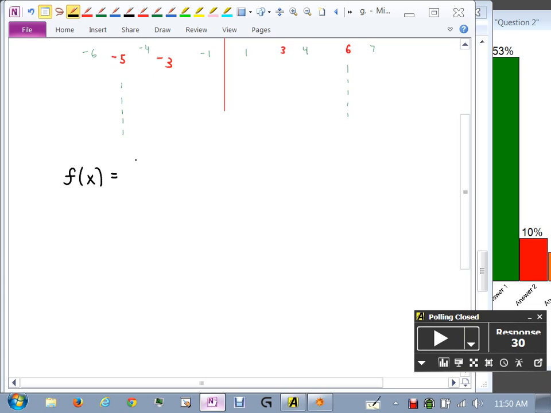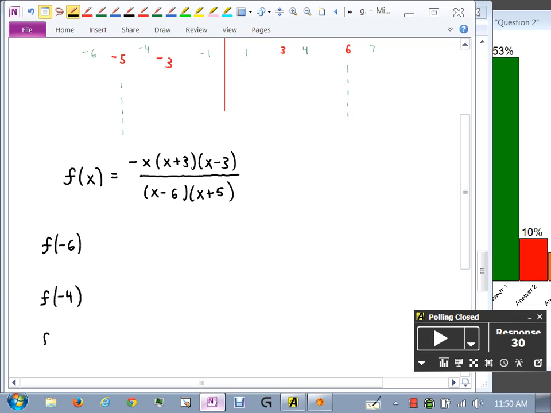The factored version, right? -x, x plus 3, x minus 3 over the bottom, which was x minus 6, x plus 5. So I'm going to plug in f of -6, f of -4, f of -1, and then over here I'll do f of 1, then f of 4, and f of 7.